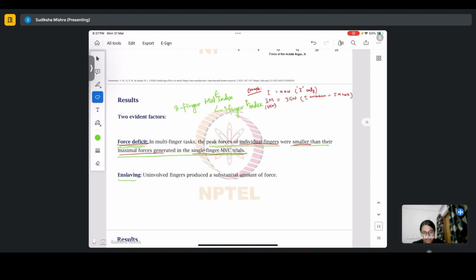And there was enslaving observed, which was also observed in the previous 98 paper, wherein uninvolved fingers produced a substantial amount of force.